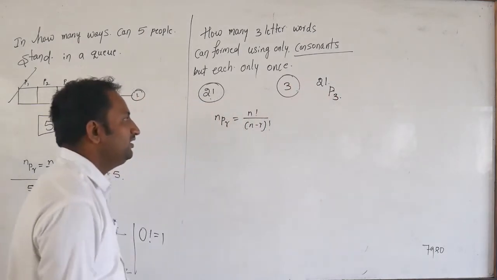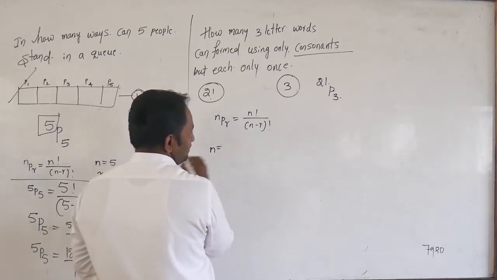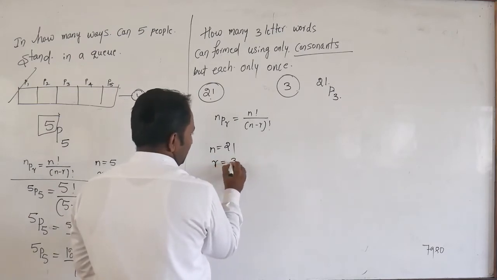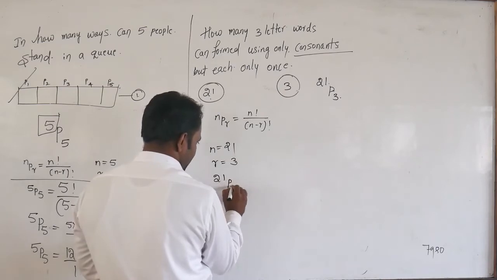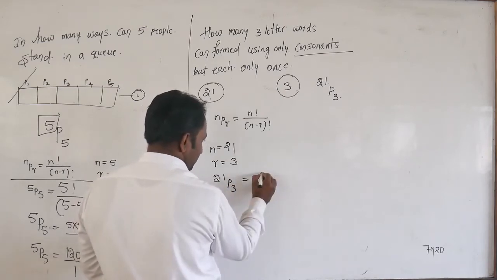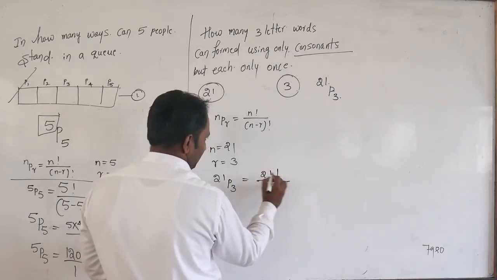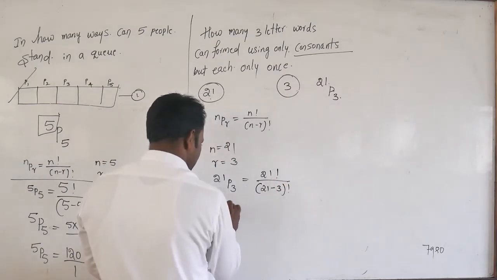Here it is 21P3, where the n value is 21 and the r value is 3. So 21P3 is equal to 21 factorial divided by (21 minus 3) factorial.